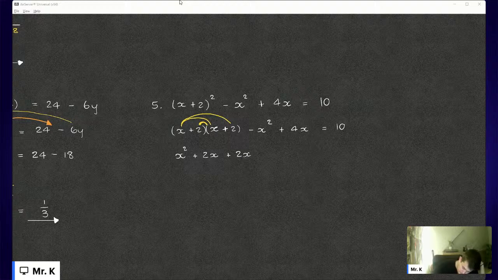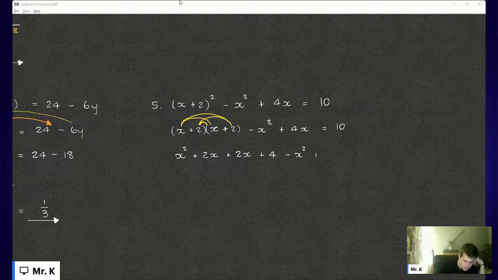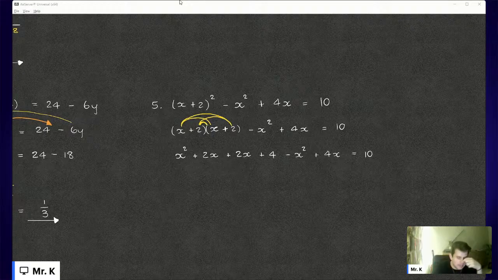And finally, 2 times 2, the last terms in the equation, is going to give us plus 4. So that alone is what we get from expanding these two brackets, right? We can then write out the remainder of this equation because we'll deal with it in the next step. Don't try and do too much in one go.